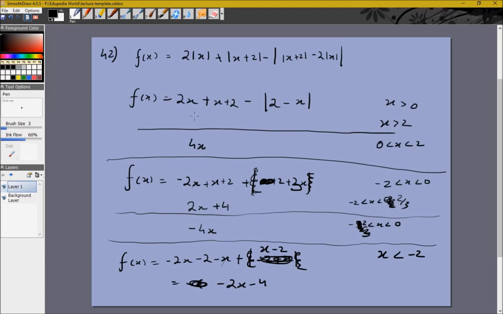So 2x plus 4. So this is our function: 2x plus 4, 4x, 2x plus 4, minus 4x, and minus 2x minus 4.